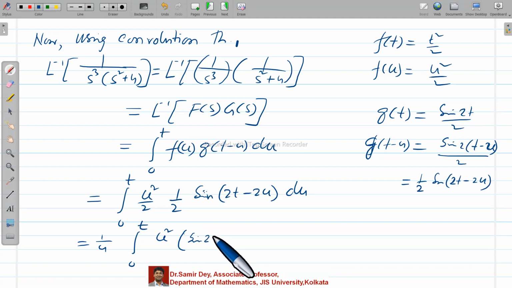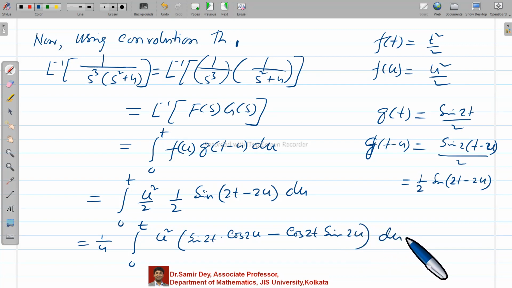Sine a cos b minus cos a sin b. Please check.